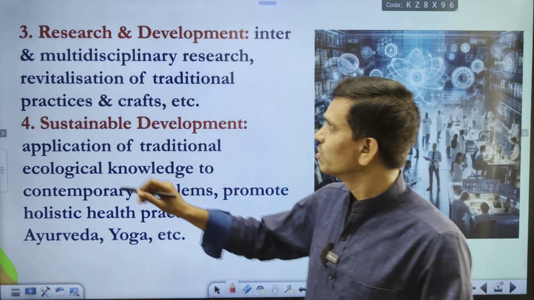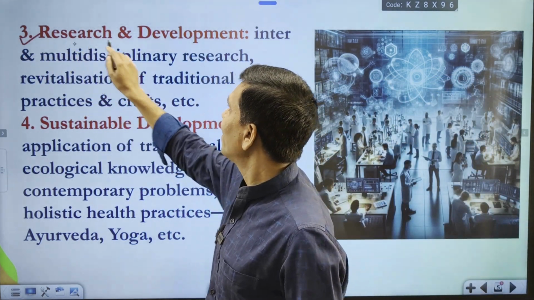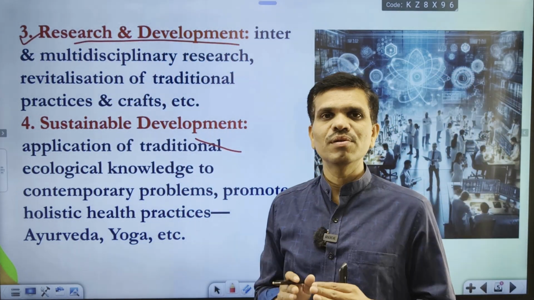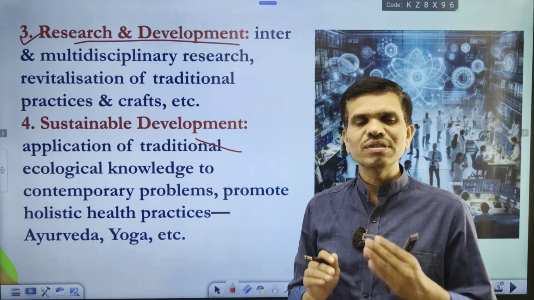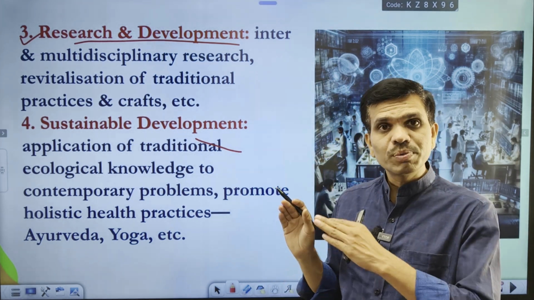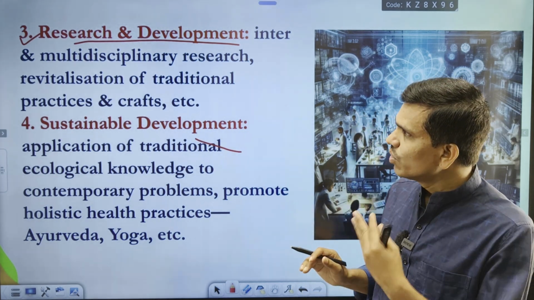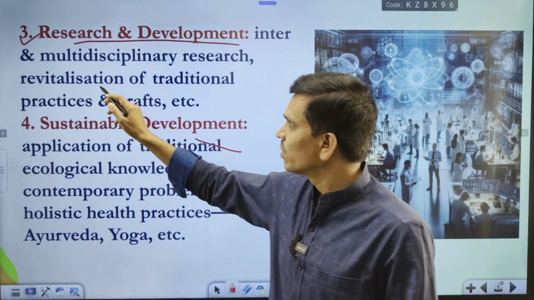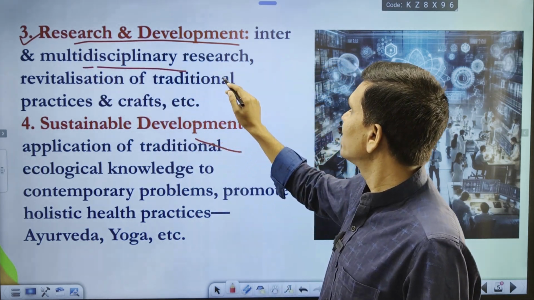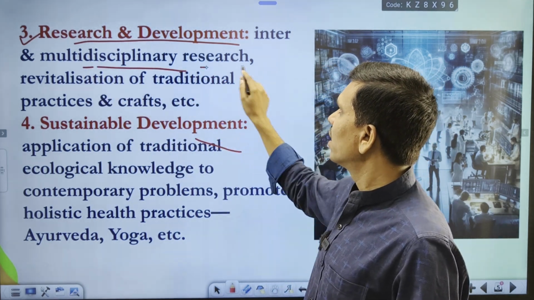Here we have the third objective, research and development. This is a very important objective, because through research and development we are going to preserve or document our ancient knowledge. In which field can we research? Here we can research in multidisciplinary or interdisciplinary fields.